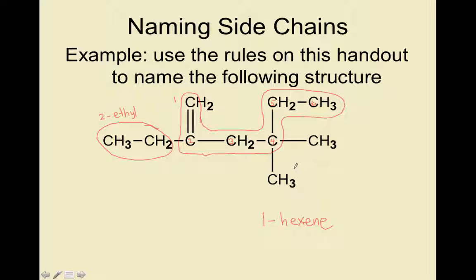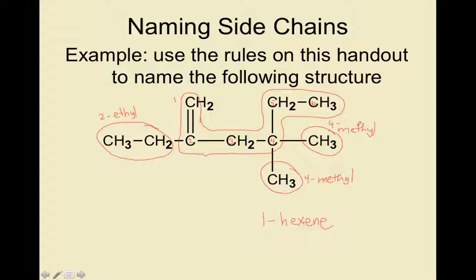On this number 4 carbon, I have a methyl group, and also attached to the number 4 carbon is a methyl group. So I have 4-methyl, 4-methyl. Okay, so when I'm putting the name together, I have to name the group that is lowest in the alphabet first, and it happens to be my ethyl.